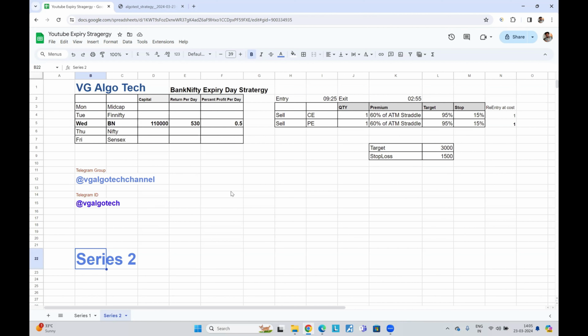I have shown you the backtest results. That doesn't mean they will perform the same way in future also. You might go into some drawdown, but patience is the key here. We need to wait, run these continuously, and trust these strategies to perform.